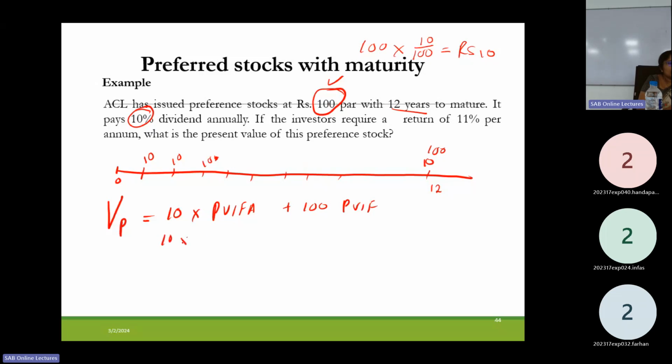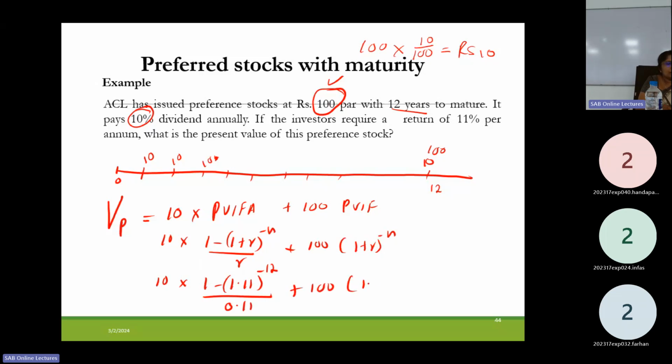You know how to calculate the present value interest factor annuity: 1 minus (1 plus r) to the power minus n, divided by r. Here it is 100 into (1 plus r) to the power minus n. The required rate of return is given as 11%. So 1 minus 1.11 to the power minus 12 divided by 11%, plus 100 into 1.11 to the power minus 12. So this is the value.